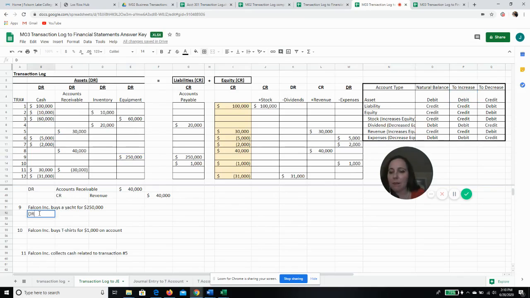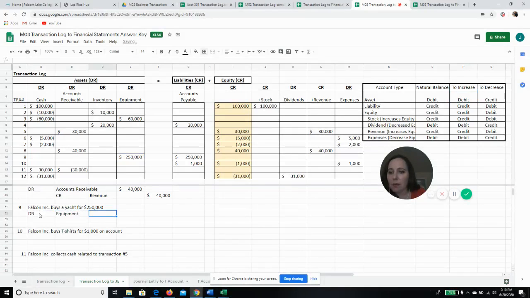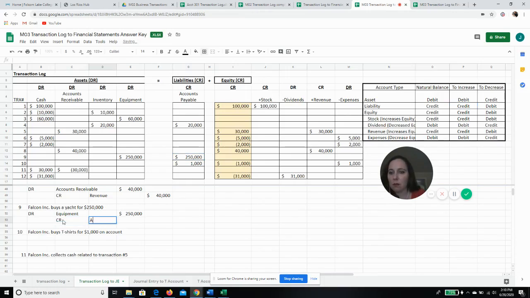So I'm going to debit equipment $250,000, and then I also increased accounts payable. Accounts payable is a liability, so I'm going to increase my liability with a credit. All right, moving on. Oh, and my debits equal my credits, so that's good.